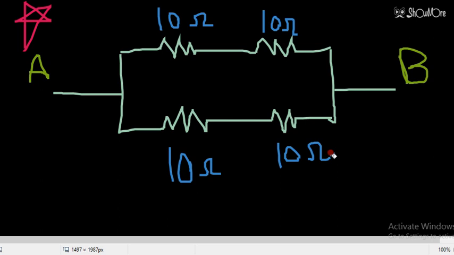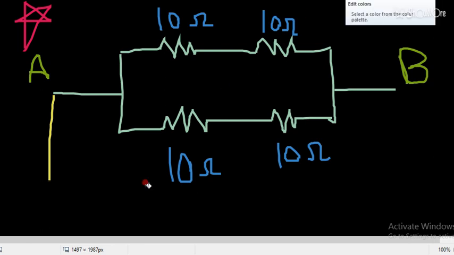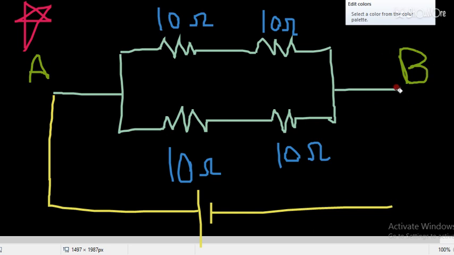The best method I have told you to identify the resistances which are in series and which are in parallel is to connect a battery between the two terminals where you have to find the resistance. So this is the positive, this is negative. This is now connected with B.